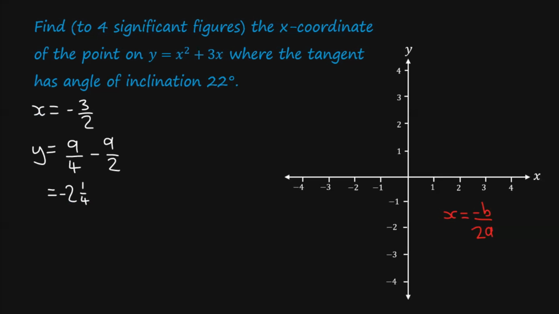And let's just have a look at what that's going to look like on the axis that we've got over here. So -3 over 2 is going to be somewhere around about there. So it's -1½, and then we're going to go down to -2¼, so around about there. And if we draw the parabola now, it's going to go through -3. So I'll try and draw it like this.